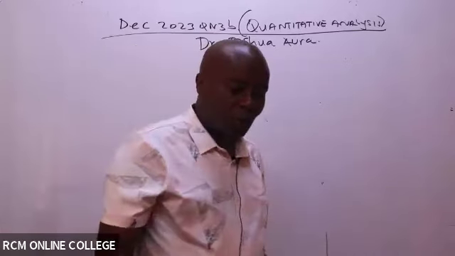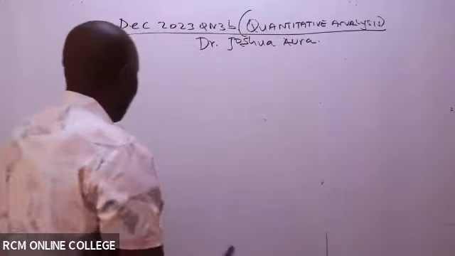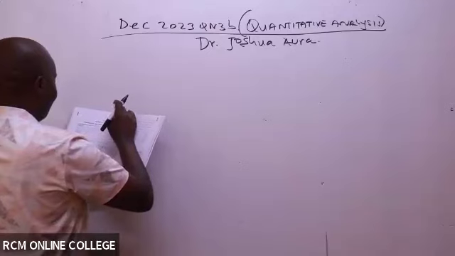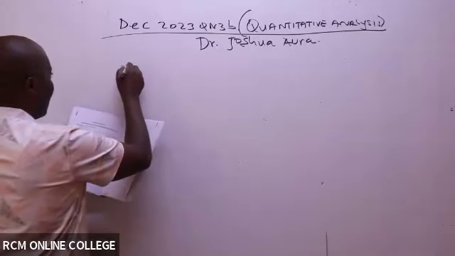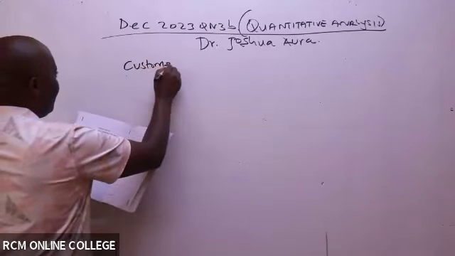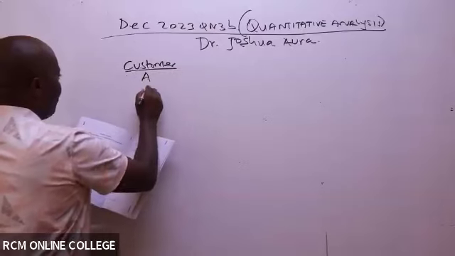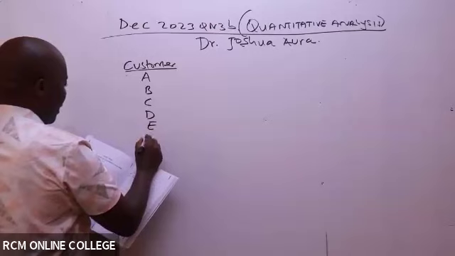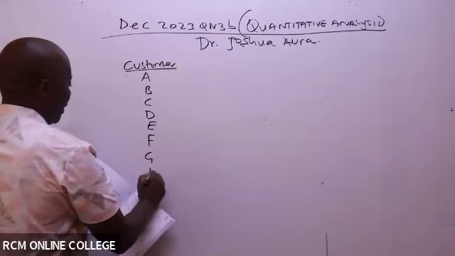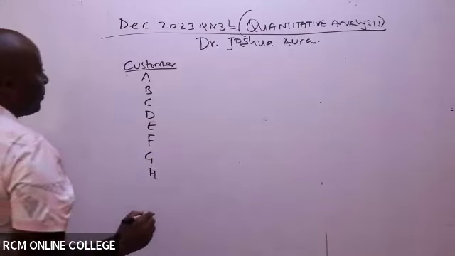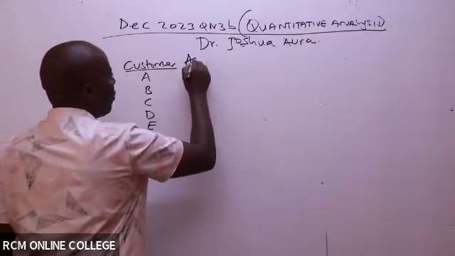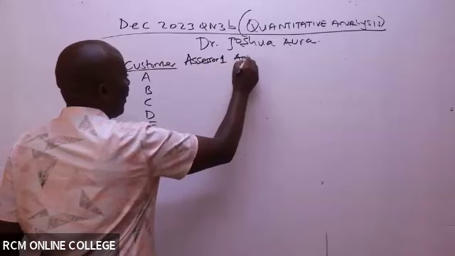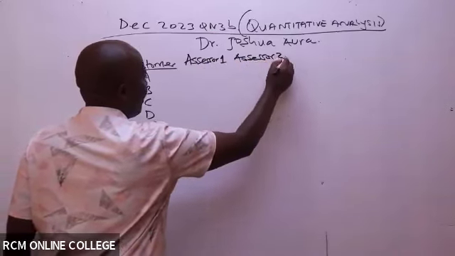So then I will prepare a columnar table for this. I have here my customer: A, B, C, D, E, F, G, H. And then we have assessor 1, and then we have assessor 2.